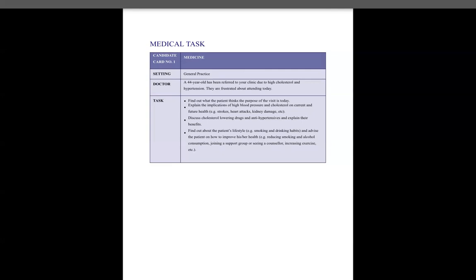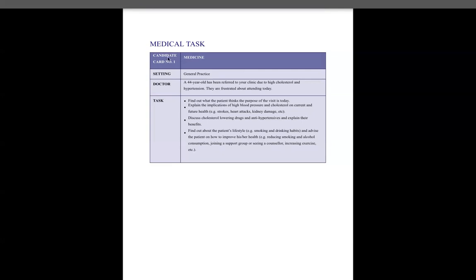Within this 3 minutes, you can jot down whatever you want, such as the order of things that you're going to speak. And then you have to speak only for 5 minutes. So you have two role play cards such as this in the exam.